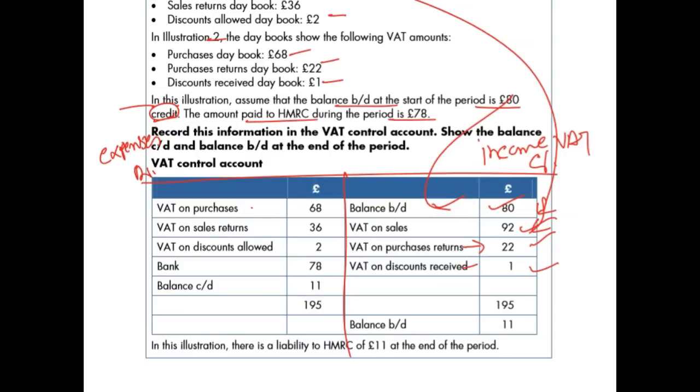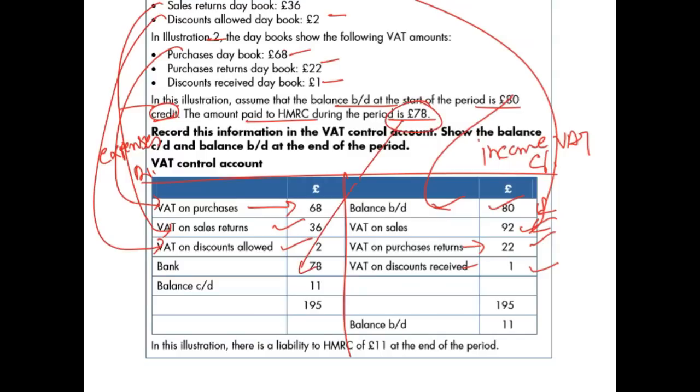Expense related VAT, which you can reclaim. Purchases: where do you take it from? Here, that's your purchase. And VAT on sales return, there, 36. VAT on discount allowed, there we go, 2. And how much you paid to HMRC through bank: your bank account becomes credit 78, and VAT debit 78.